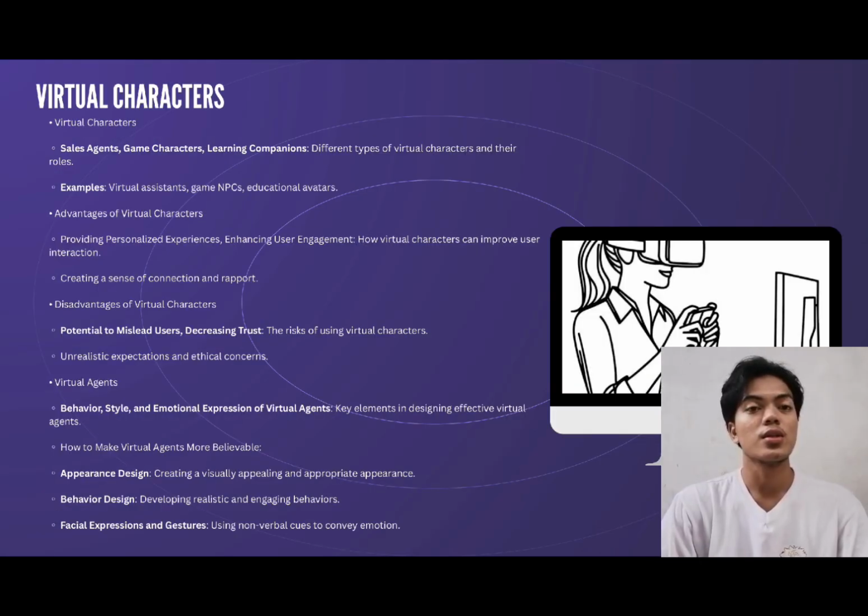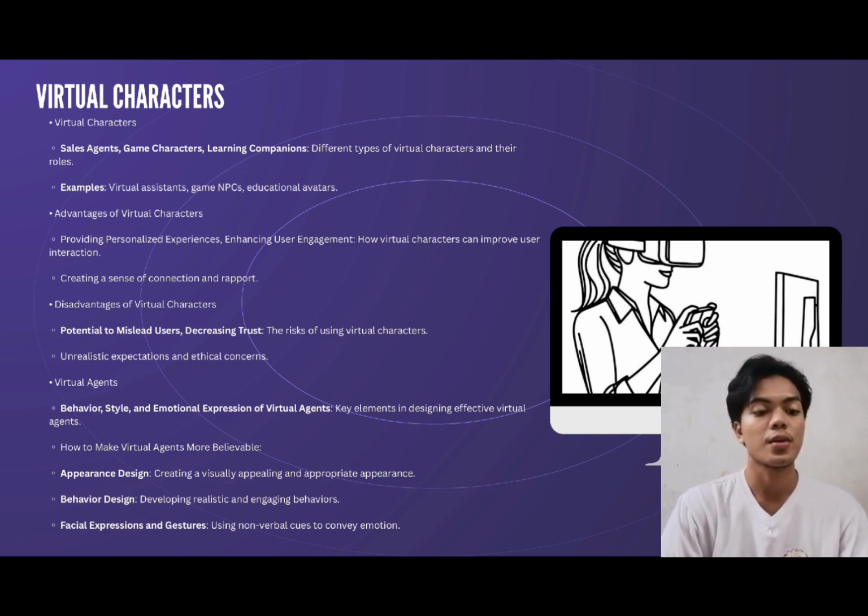So now that we're done discussing anthropomorphism, let's move on to another part, which is virtual characters. These include sales agents, game characters, or learning companions. These are the different types of virtual characters and their roles.